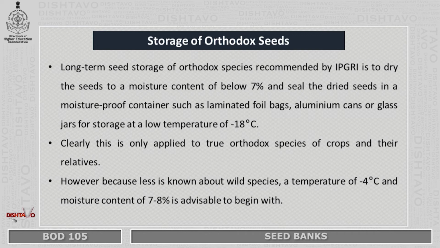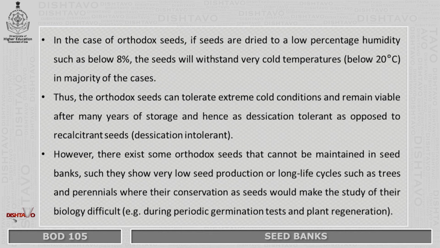However, because less is known about wild species, a temperature of about minus 4 degrees Celsius and moisture content of 7 to 8% is advisable to begin with. In the case of orthodox seeds, if the seeds are dried to a low percentage humidity, such as below 8%, the seeds will be able to withstand very cold temperatures, that is below minus 20 degrees Celsius, in the majority of cases.